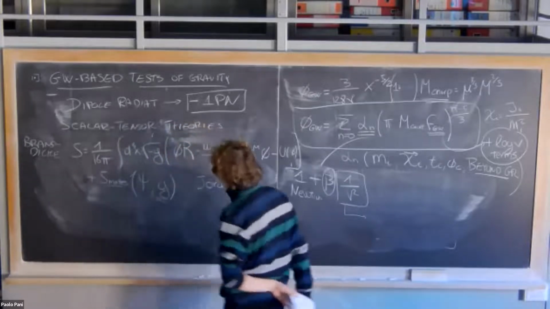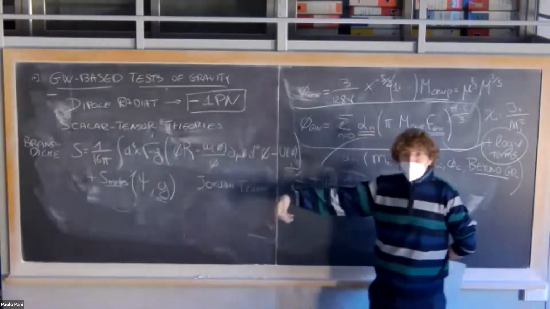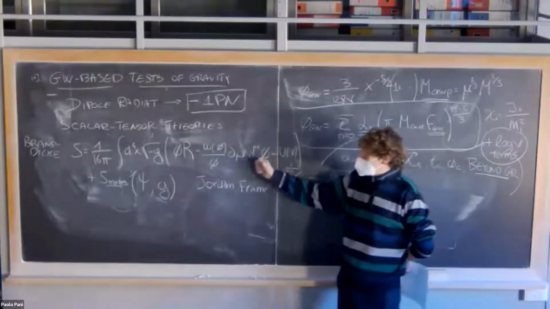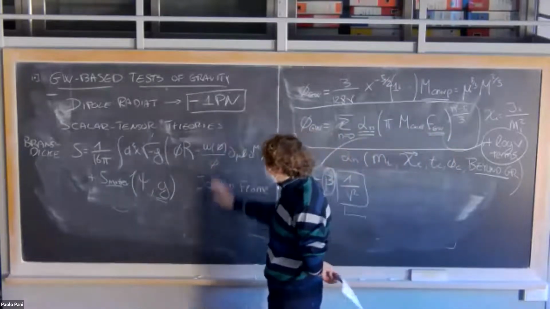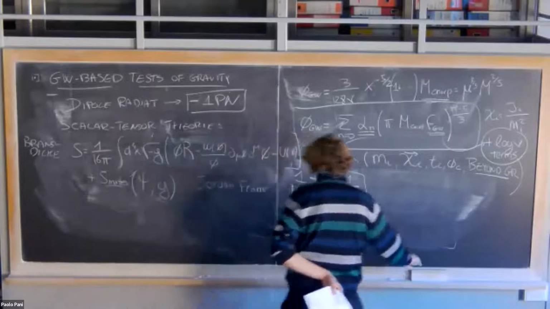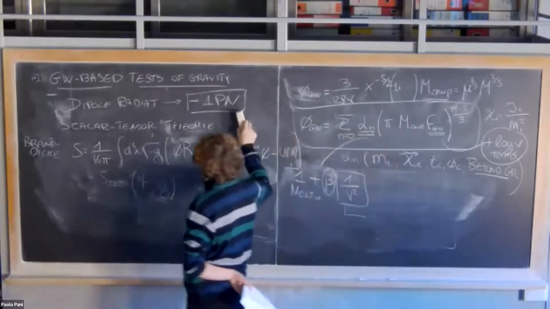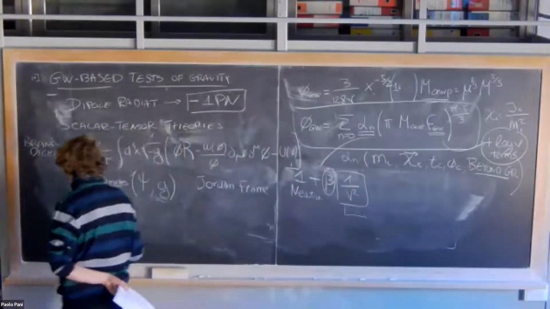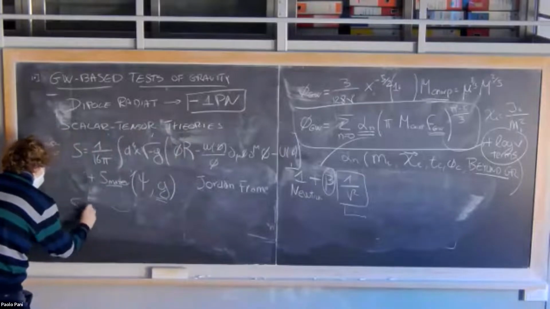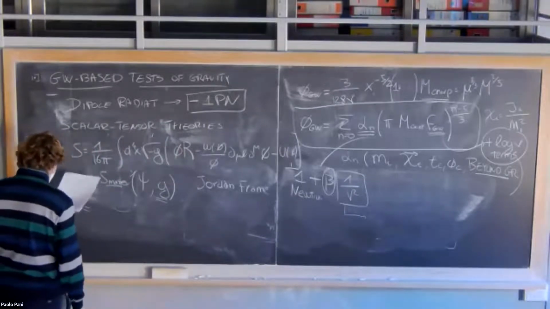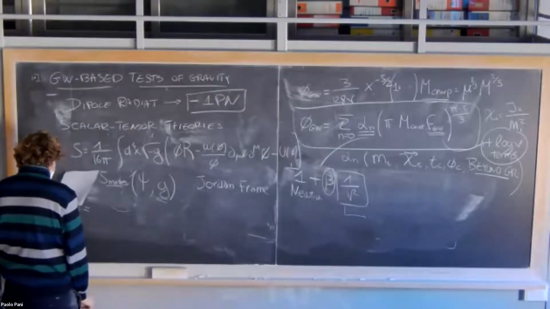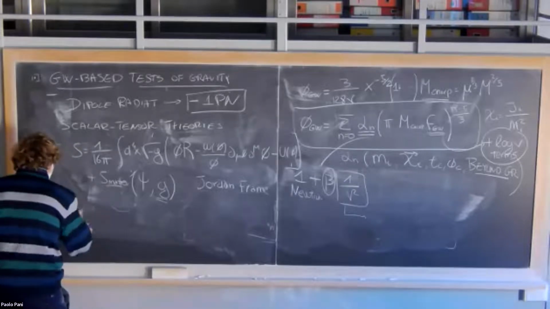However, it is possible to make a field redefinition, changing the field phi and some of the functions here, and transform this theory into an equivalent form. It's totally equivalent, and let me write that transformation.